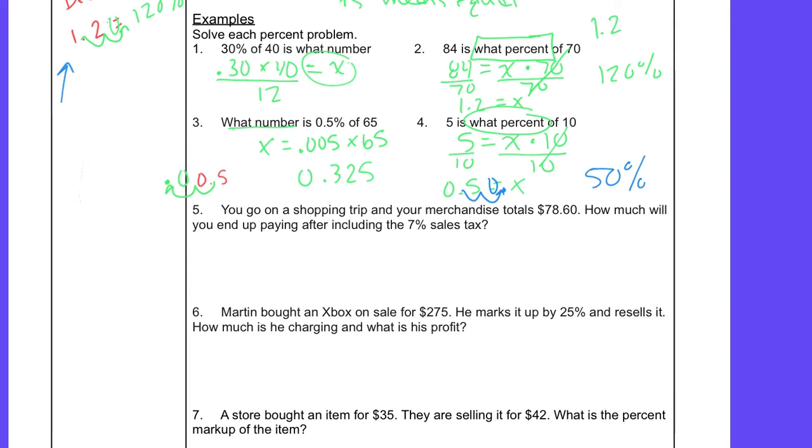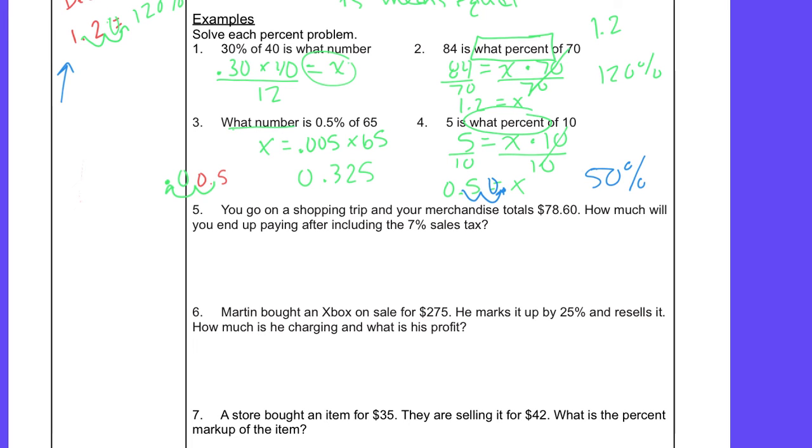Number 5, you go on a shopping trip and your merchandise total, so that's the stuff you buy, totals $78.60. How much will you end up paying after including the 7% sales tax? Okay, so I can do this one of 2 ways.